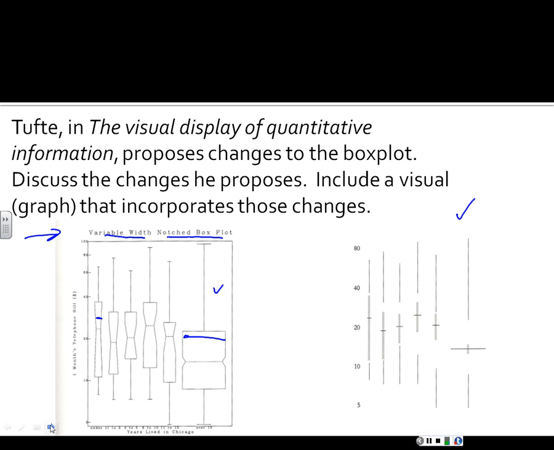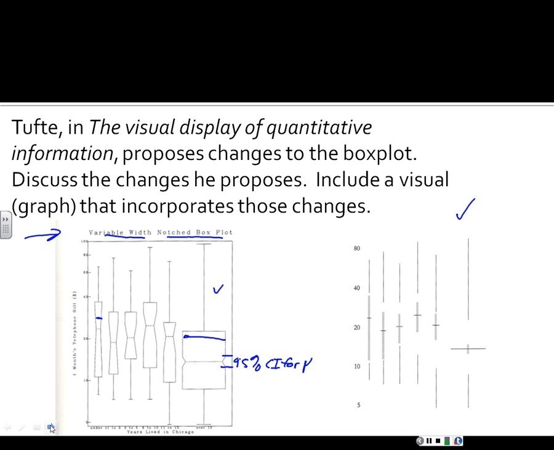Then the notches. So when you've got this notch from here to here, that's a 95% confidence interval for the population mean. So that just gives you a little more information than the traditional box plot.